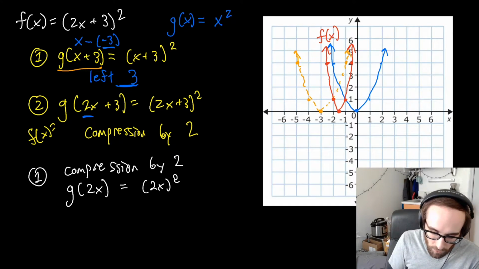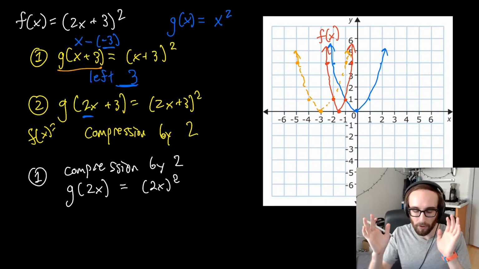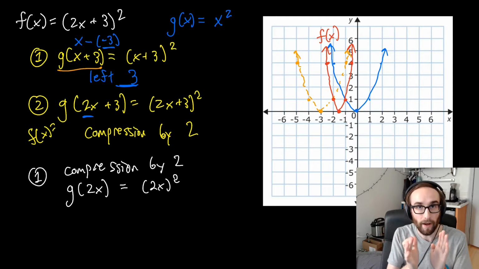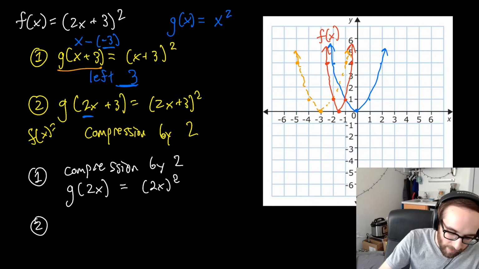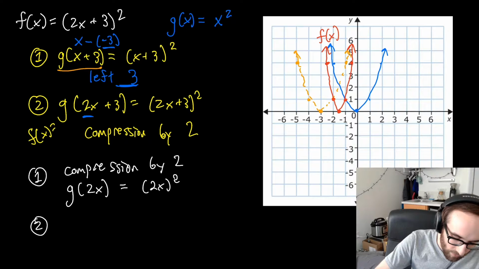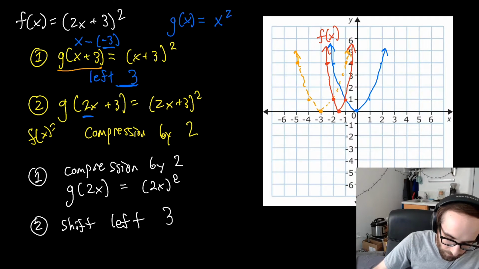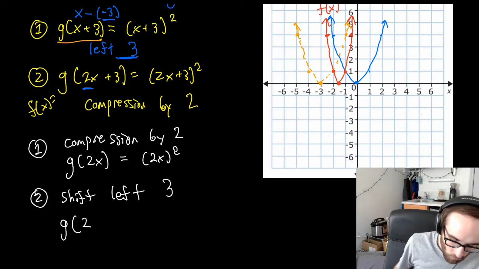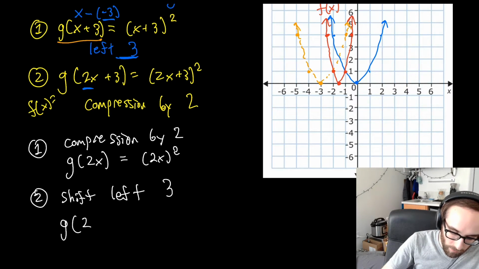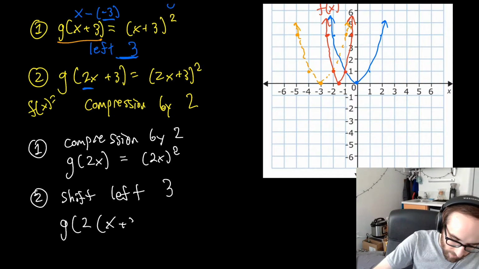So if we compress by 2 first, then our graph would move closer together, so it becomes skinnier. And our second step would be that translation. So we would shift left 3. In other words, we're taking g of 2x, and then instead of x, we're replacing it with x plus 3.